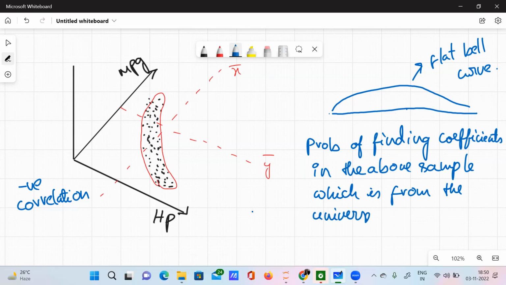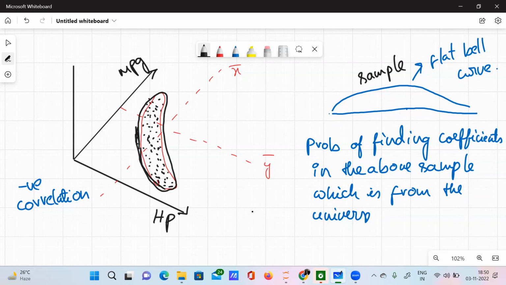For example, let's imagine that this is a sample here. This is the sample data. This sample data is nothing but the shape of this particular data, right?